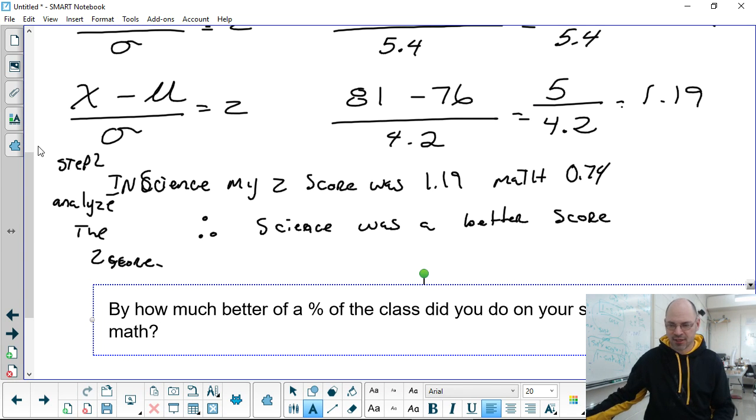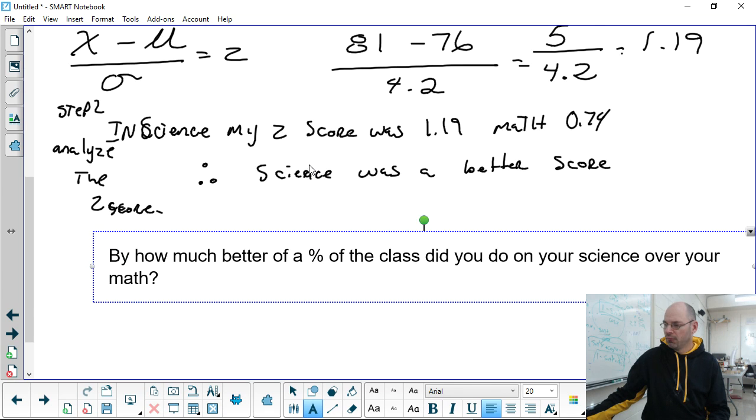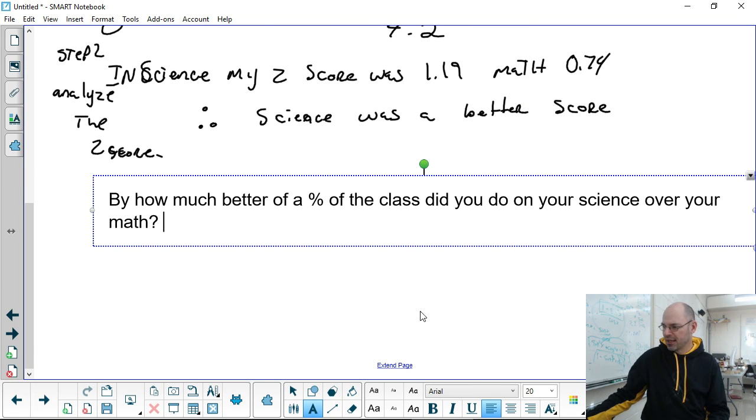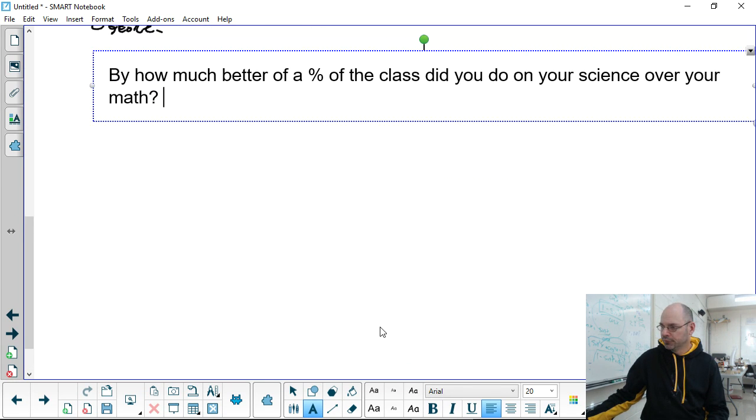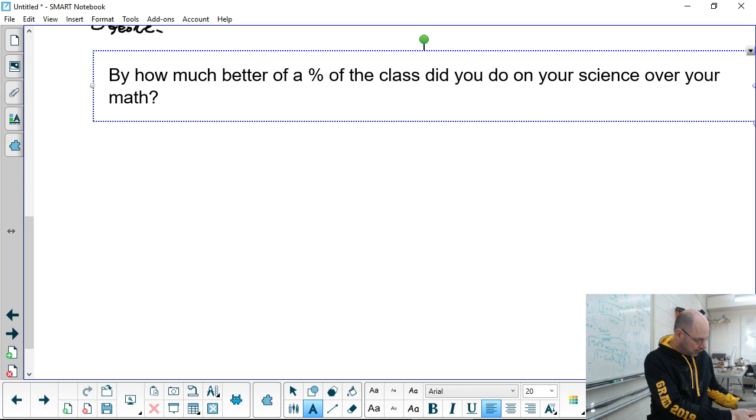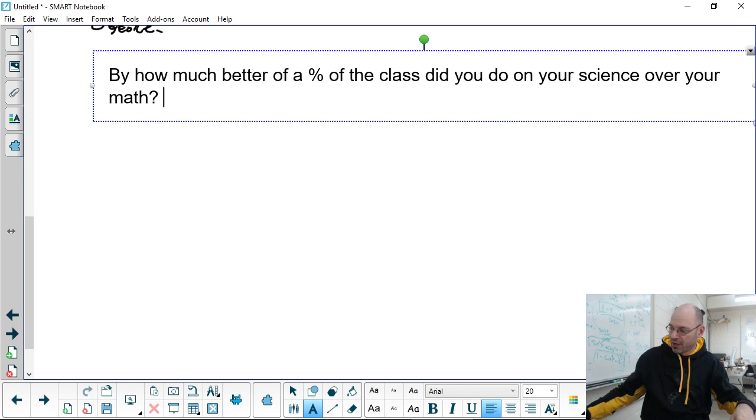This is where we have to use the z-score table. So we're going to look and see what the percentages are. So if we bring up a z-score table, now the z-score table in the book is on page 592, 593, I think. Sorry, yes, 592, 593. I'm going to use the one online so that we can look at it together, the one that I had up there before.